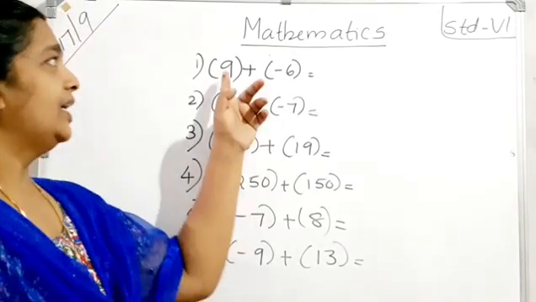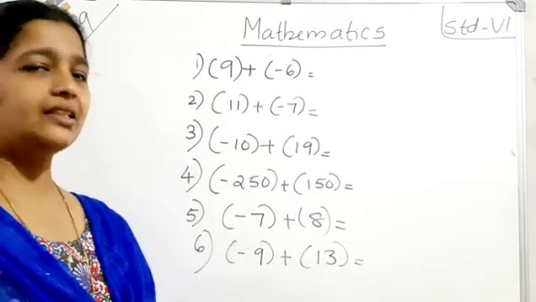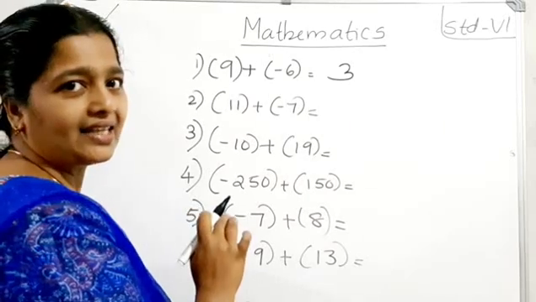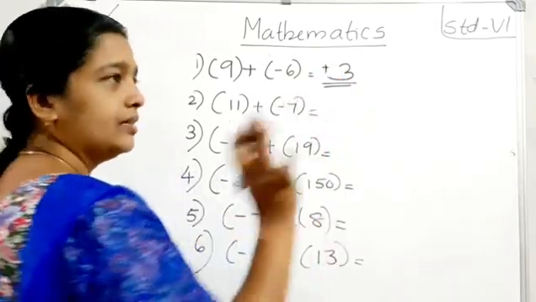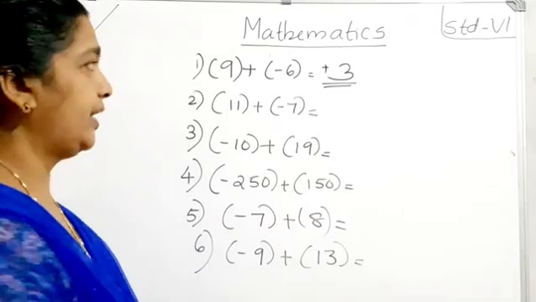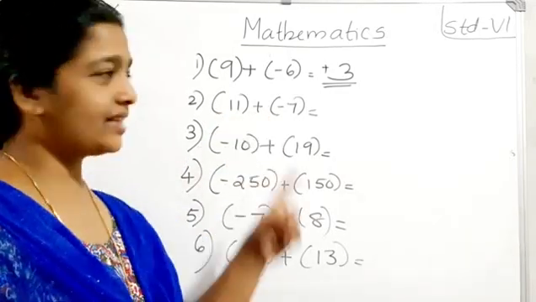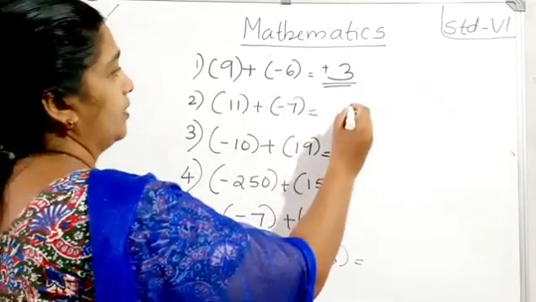We can do 9 plus -6. Say the answer. 9 minus 6 equals 3. Then which number is greatest? 9 is greatest, so we can put plus or no sign. 3. Next. 11 plus -7. Subtract 11 minus 7. That equals 4.